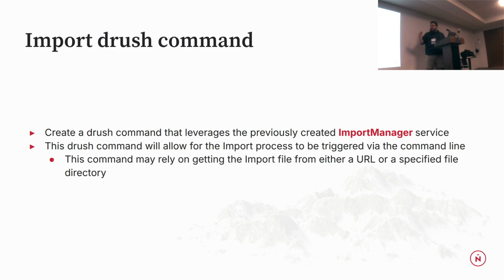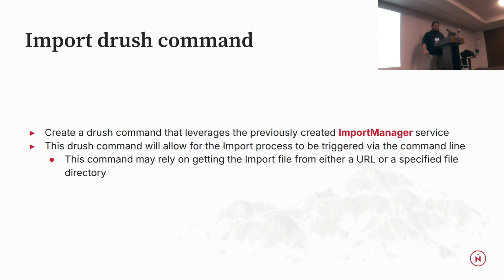So going beyond that, how do we activate our queues? Typically, as I showed before, we have that admin form, but I also like to create a drush command so that we can call it via the command line. That one might require getting a file from a URL or specific directory.